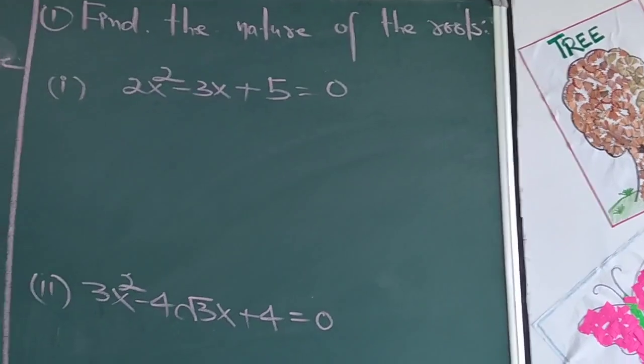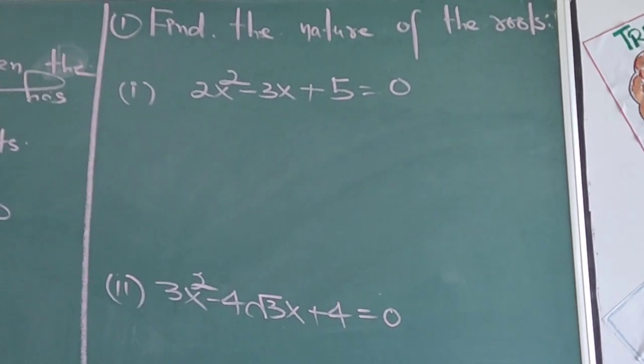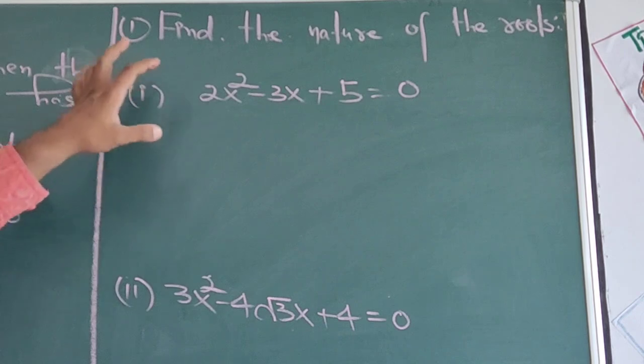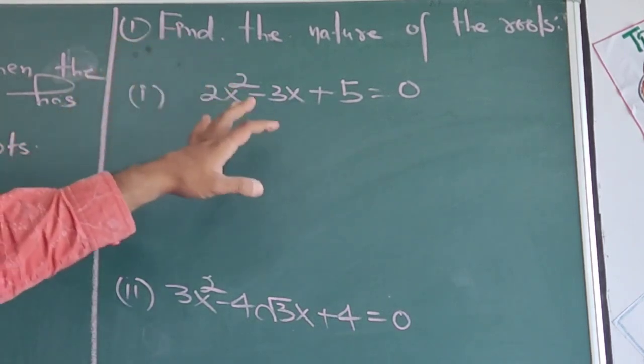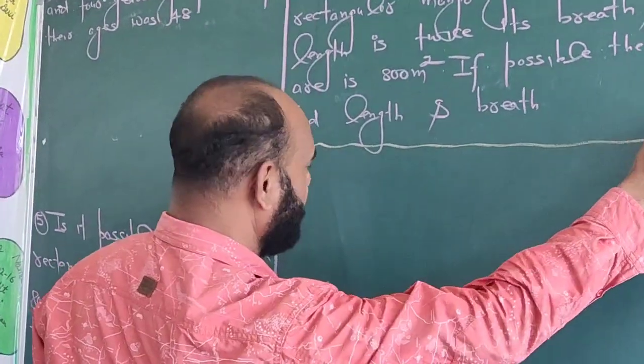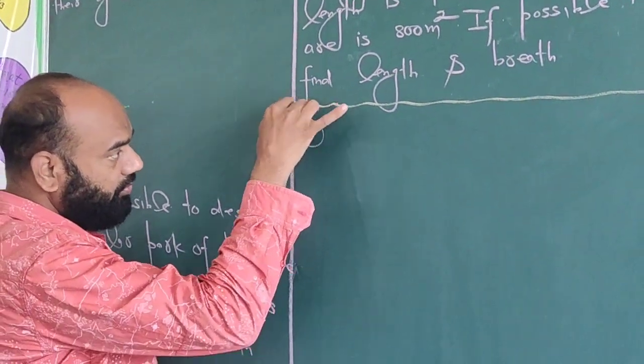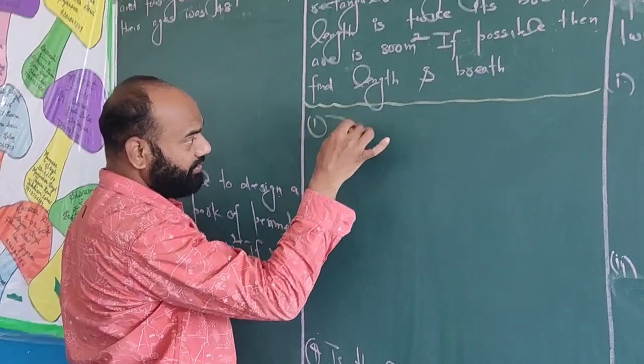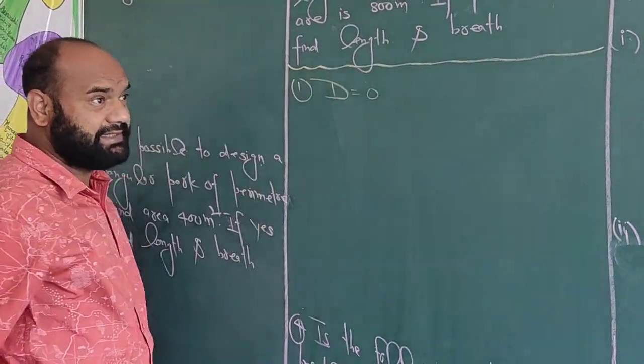Now we start exercise 4.3 of the chapter Quadratic Equations, and the first question of the exercise is to find the nature of roots. First of all, we discuss the nature of roots. And what is D here?